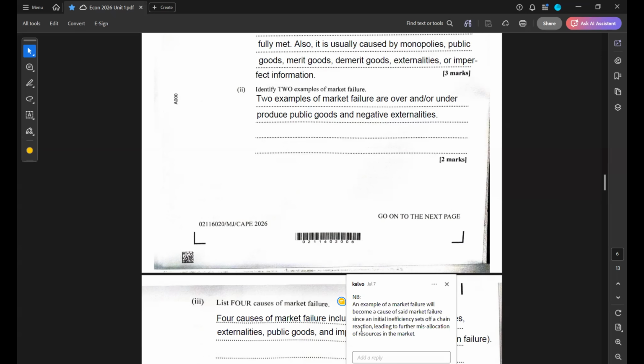An example of a market failure will become a cause of said market failure, since the initial inefficiency sets off a chain reaction, leading to further misallocation of resources in the marketplace. Okay? So an example of a market failure becomes a cause. Keep that in mind.